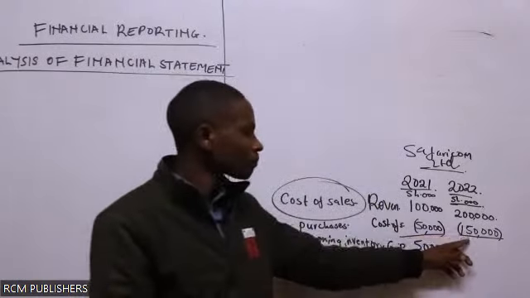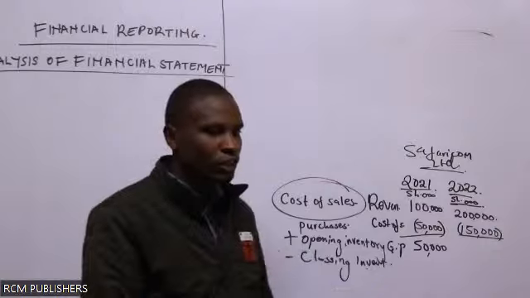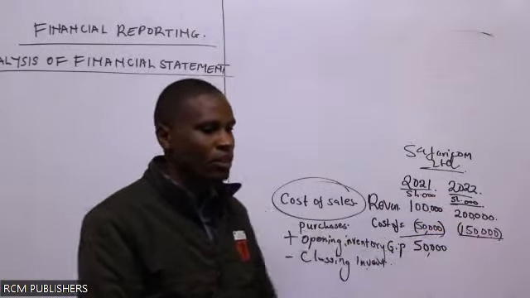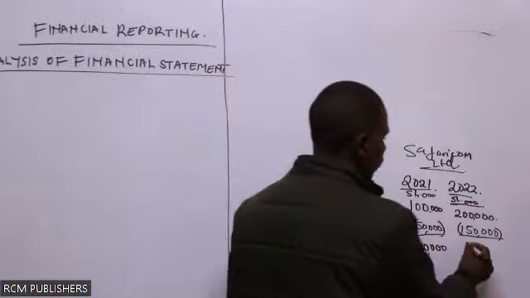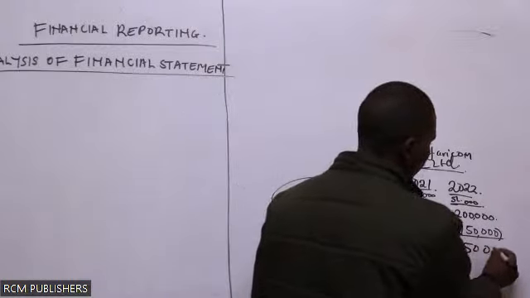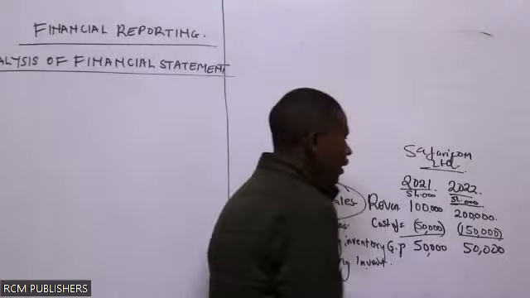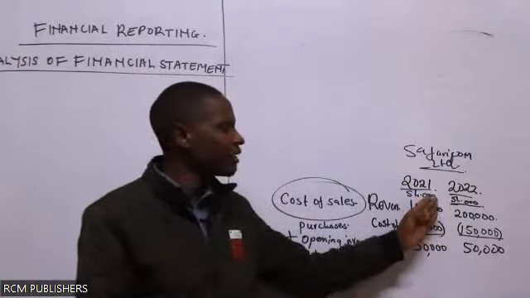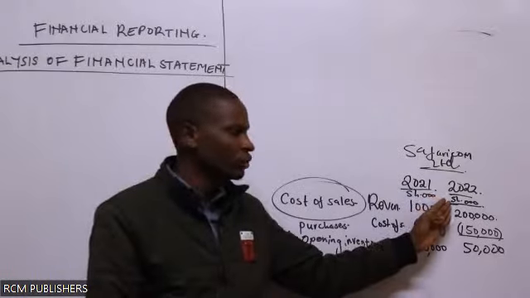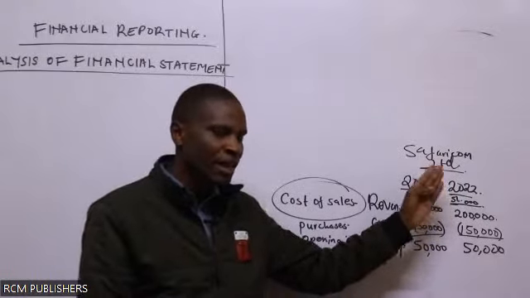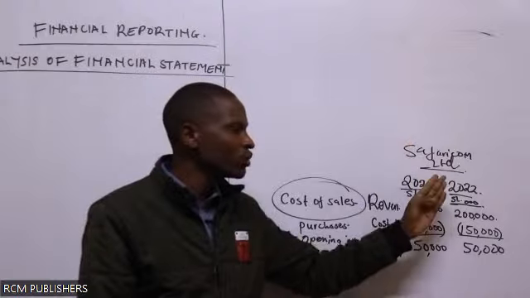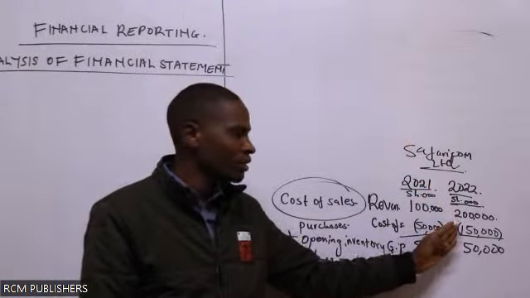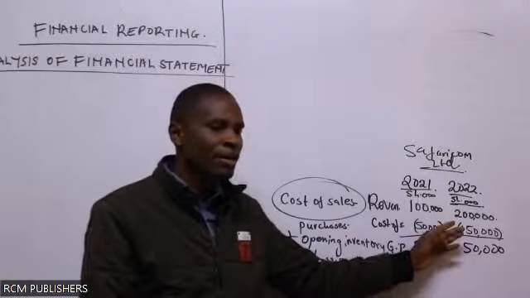What about the year 2022? It is 200,000 minus 150,000, which will also give me a gross profit of 50,000. You see now, even if we got a higher revenue in the year 2022, that means our expenses were higher.